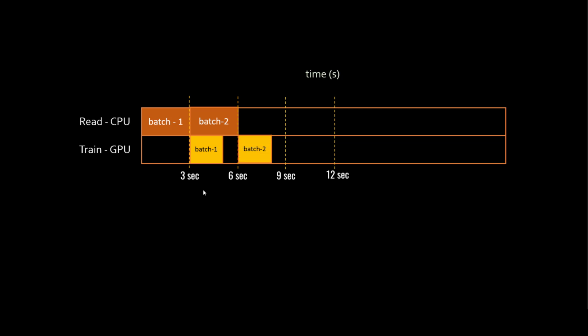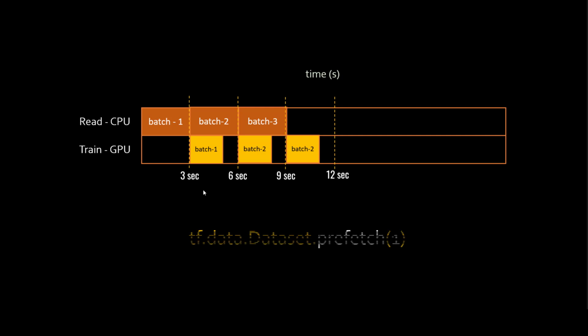When the GPU is training my batch 2, the CPU is getting the next batch ready. So every iteration, my CPU is keeping the next batch ready, okay? And this approach will take overall, I think, 11 seconds. So just compare 11 seconds versus 15 seconds. You've just saved time in your training.